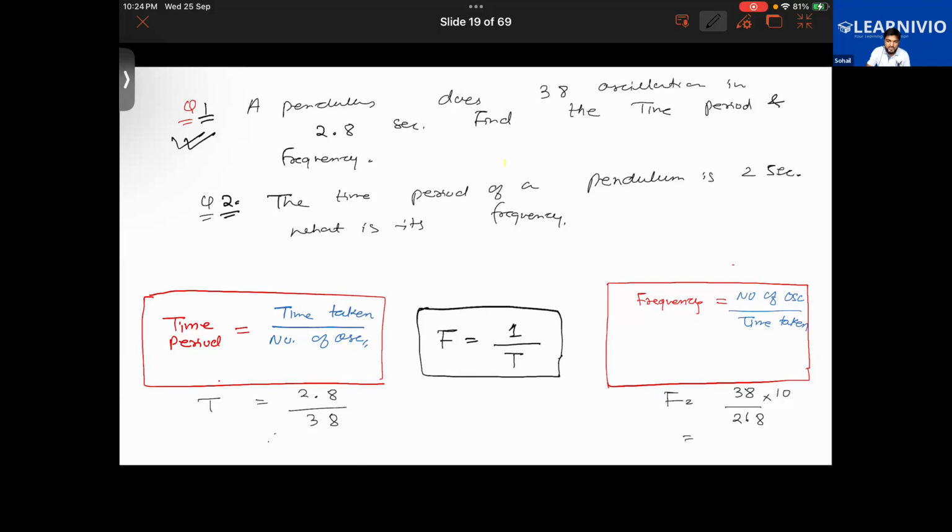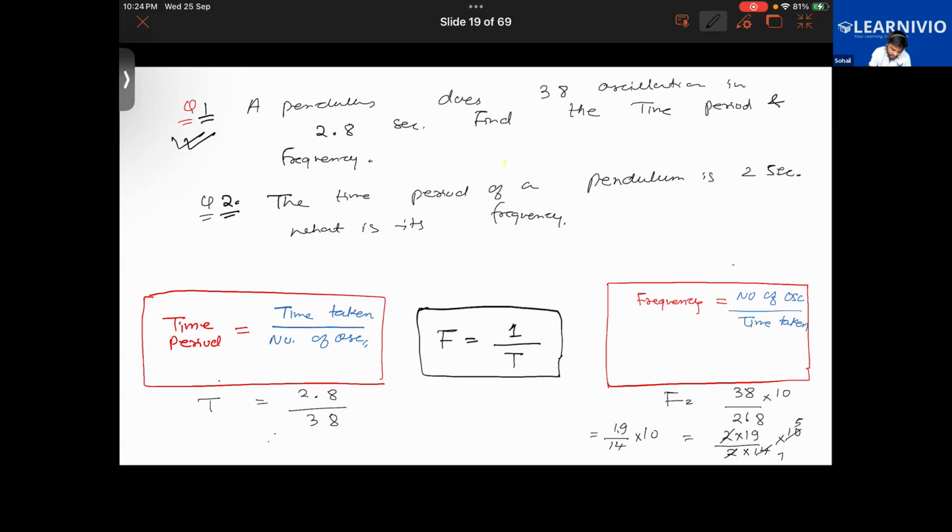Further, in order to simplify it, we can write it like this. 2 19s are 38, 2 14s are 28, multiplied by 10 here. The 2s cancel, so now we are left with 19 upon 14 multiplied by 10. By the way, you could have simplified it further: 7 2s are 14, 2 5s are 10.